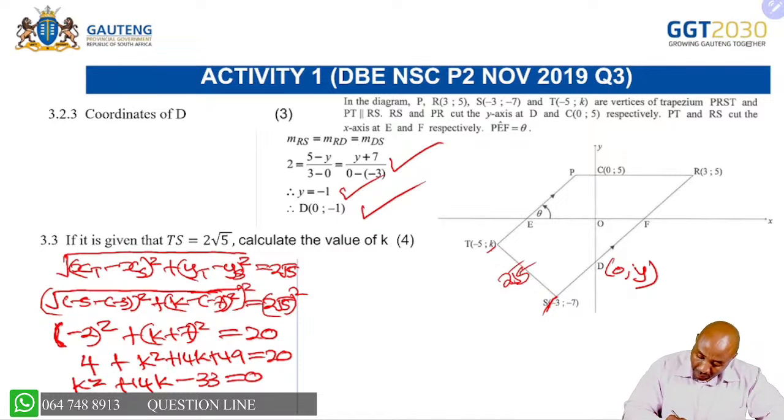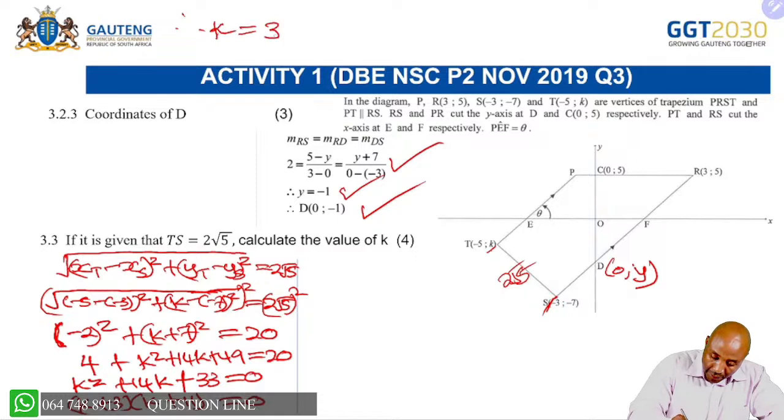I can factorize this one. It's plus 33. Then I know my factors will be (k plus 3)(k plus 11) equals 0. And therefore, I'll get my k as negative 3 or my k as negative 11.